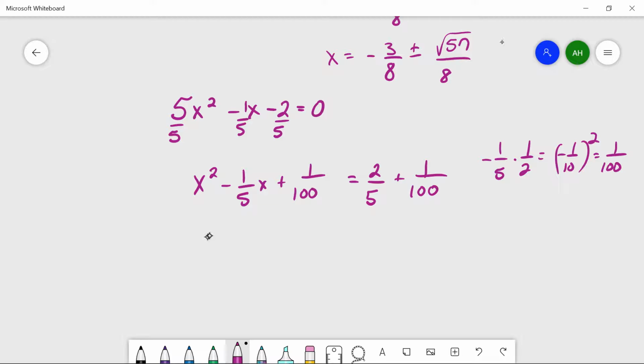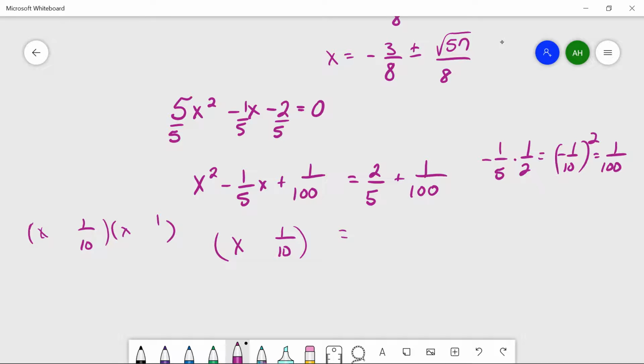All right, so now let's think about what this is going to be. We said this would be x, and this would be 1/10. We need to actually think about the sign here.